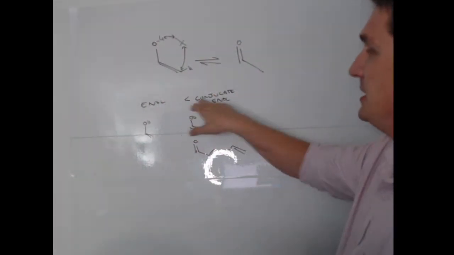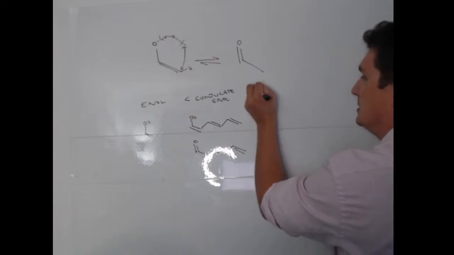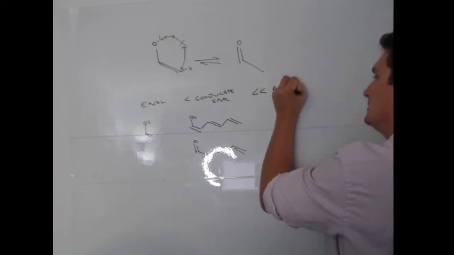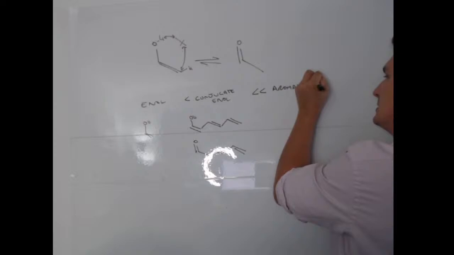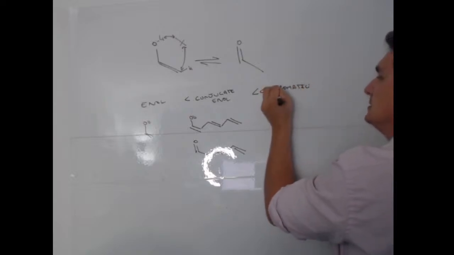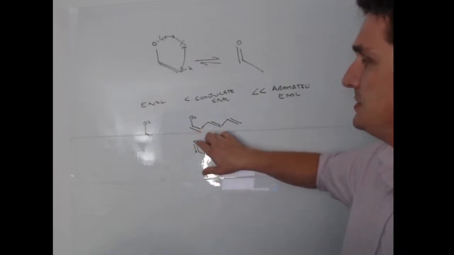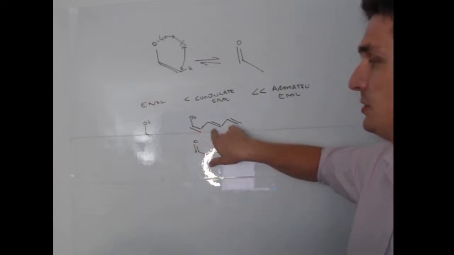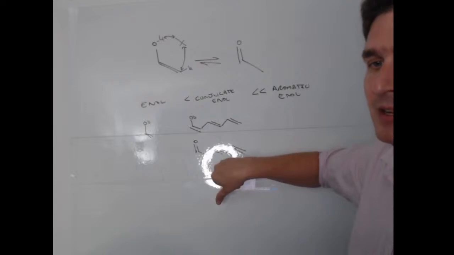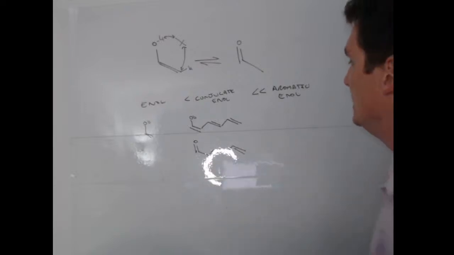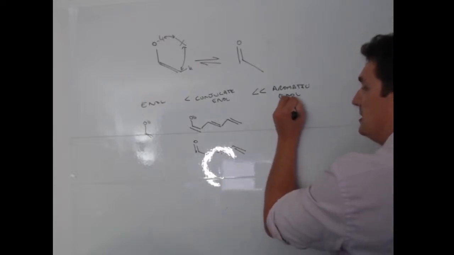Now, there's a special case where we have aromaticity. So an aromatic enol. In this case, you're going to basically see a majority of this, but you're going to see an appreciable amount of the ketone, or the aldehyde in this case. For the aromatic enol, phenol is the big example.